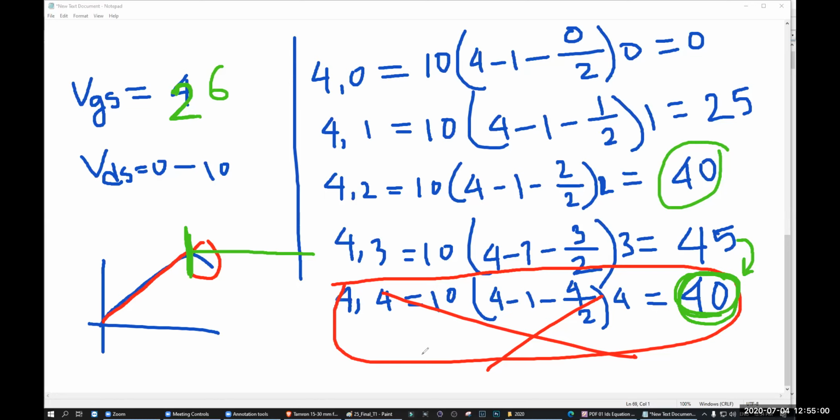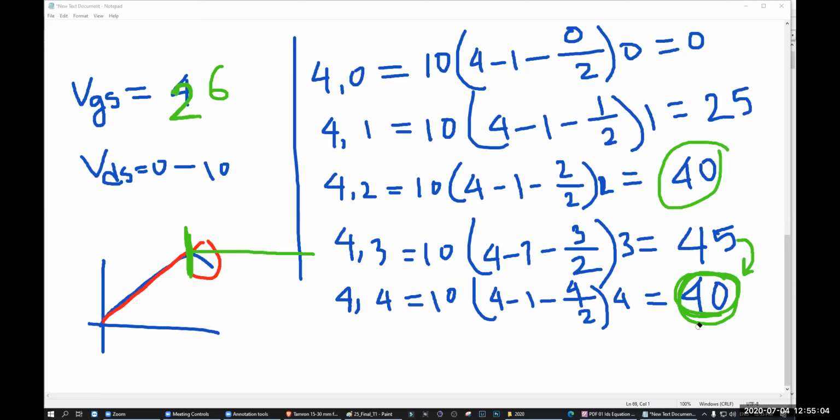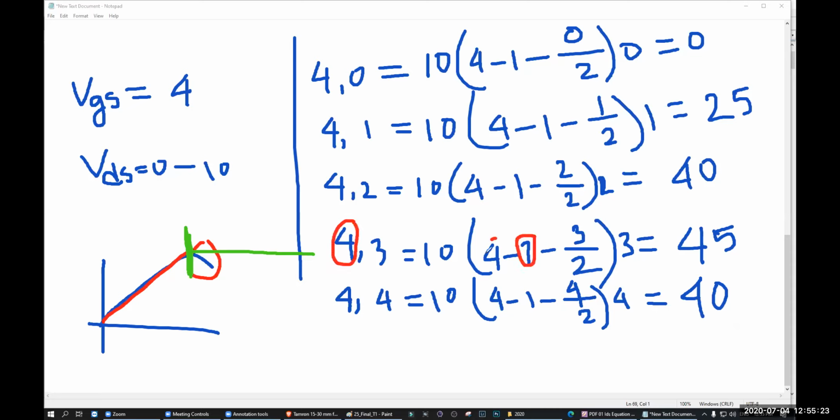So I want you to understand one very important parameter here. What is that point? See this. When our VGS is 4 and our VT is 1, so 4 minus 1, how much? 3.